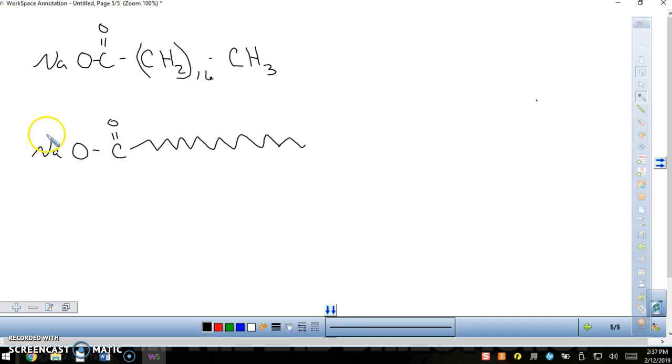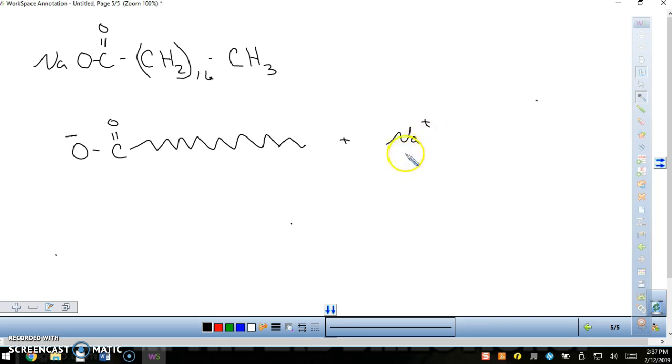Now what ends up happening is that this is actually ionic. So this end, you have a sodium ion and an oxygen. So you really get two separate things. So when you put this in water, you now get an ion.